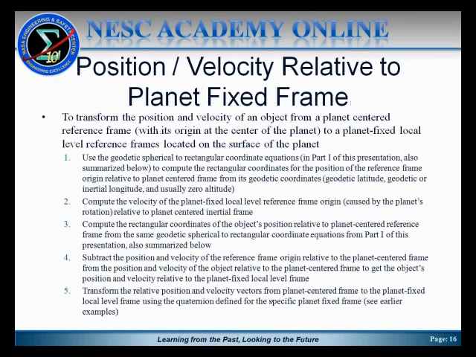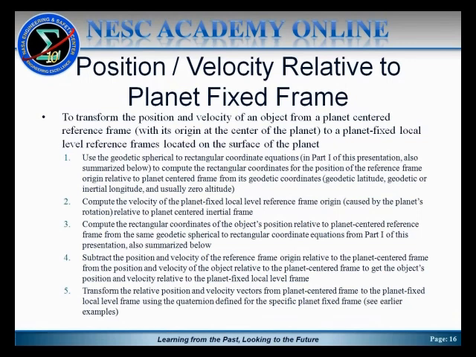Next, we'll discuss how to compute the position and velocity of some object relative to some planet-fixed frame. Because, as you may recall, how you normally would use these sort of things is you would integrate Newton's laws in some inertial frame. So, for instance, you might define the acceleration of some object in Earth-centered inertial frame from the forces that are being applied to it.